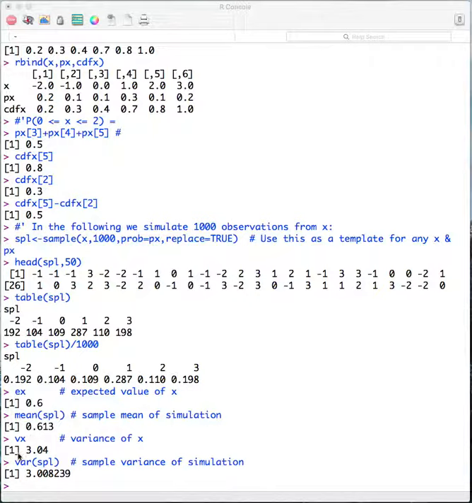Not too bad. The theoretical variance that we calculated is 3.04. The variance of the 1,000 simulated observations is 3.008. So what we get is, as the number of observations gets larger and larger, the mean of the sample gets closer and closer to the expected value of the probability distribution. This is sometimes called the law of large numbers.